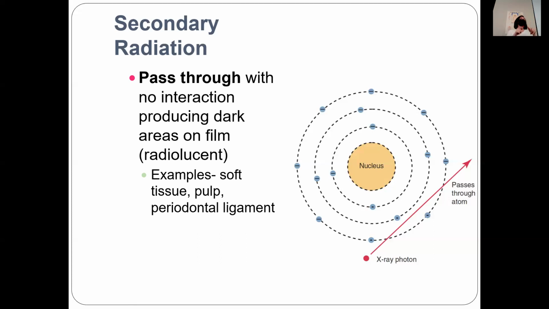Just airspace is going to show the darkest. And this is just a picture of it. The X-ray photon comes up to this cell, this tooth cell, and it just passes straight through without interacting with anything, and it just keeps going until it hits the sensor.